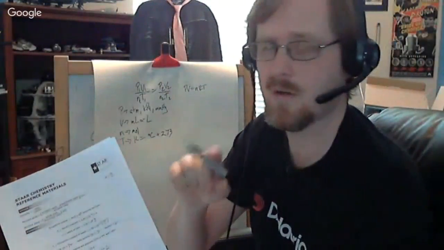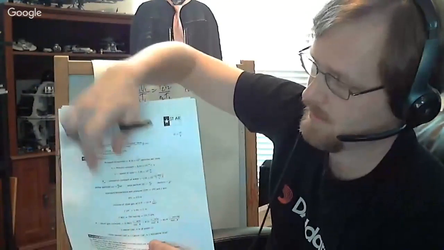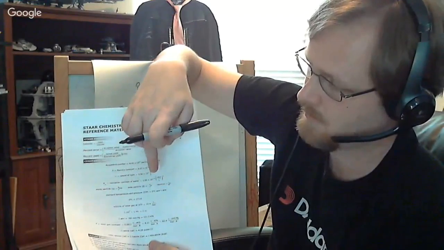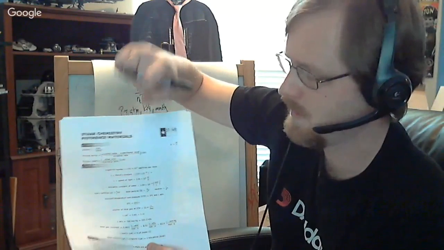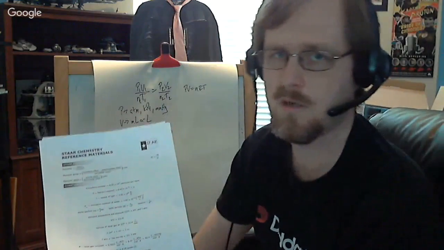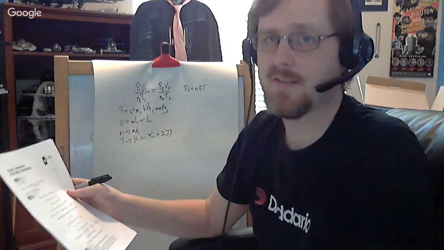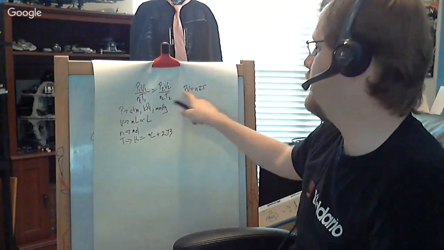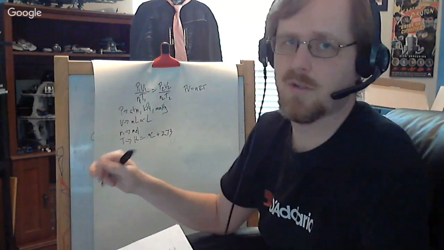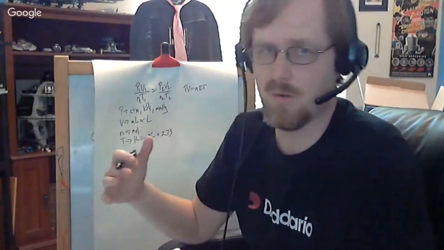Remember, STP is standard temperature and pressure, which is 0 degrees Celsius and 1 atm. So the volume of an ideal gas is 22.4 liters per mole. So if you're at STP, then you actually don't need to use PV equals nRT. You just use the 22.4 liters per mole to do your conversion rate.